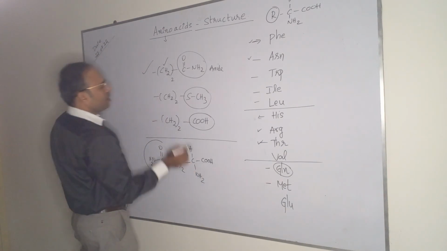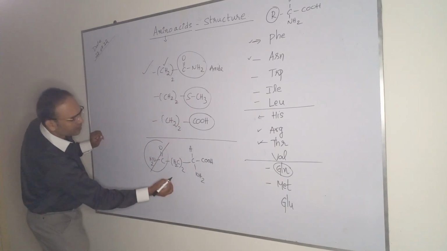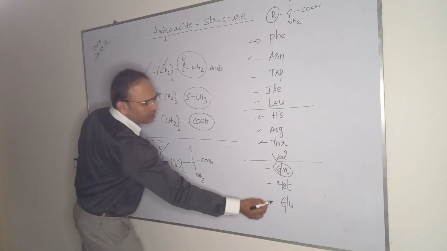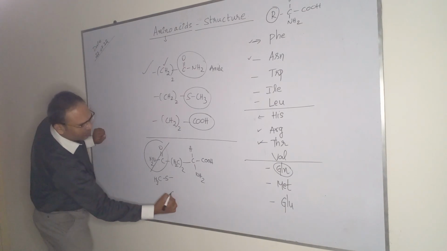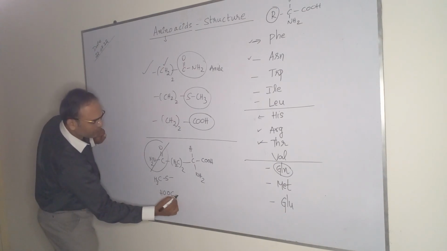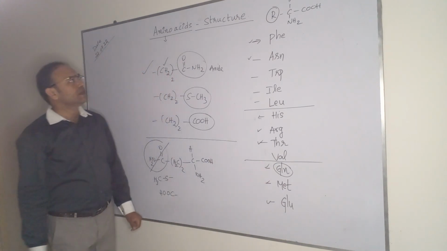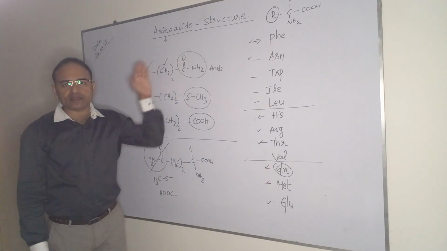If you want to write methionine, instead of amide linkage, here you will get S-methyl group. Suppose you want to write glutamic acid, you will write COOH group. So hope you have understood the method to write the structure of 20 amino acids.